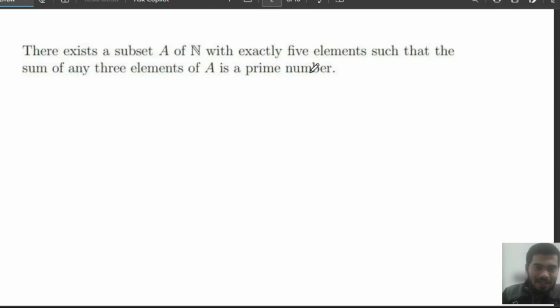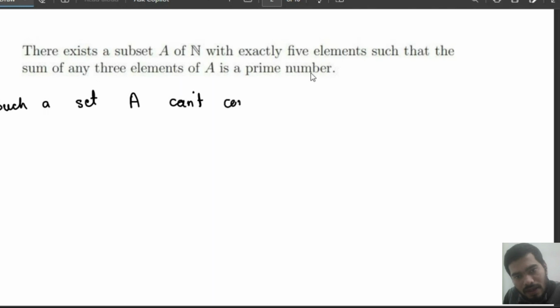So when I started to solve this problem, I took 2 or 3 examples. In all those examples, first let me make some remarks. The first remark is that such a set A can't contain an even integer.